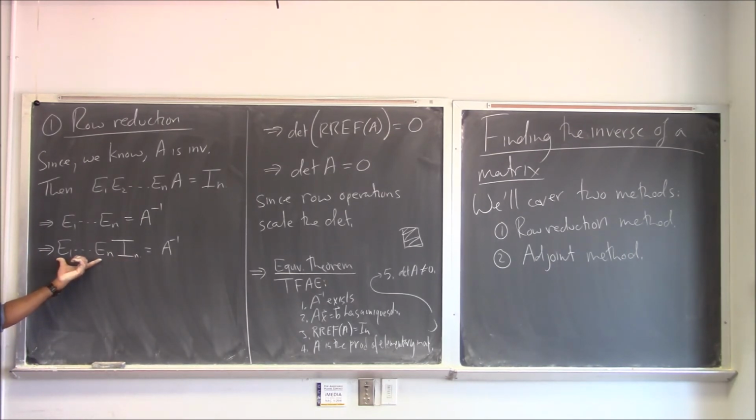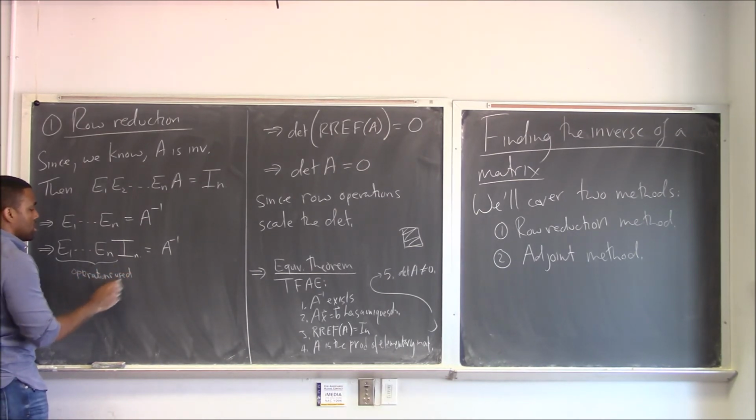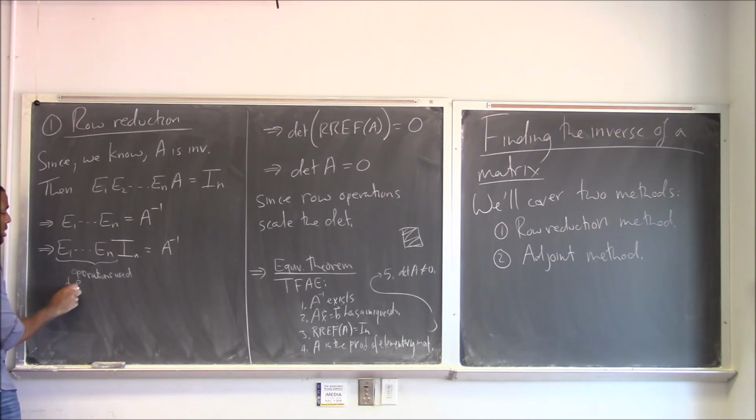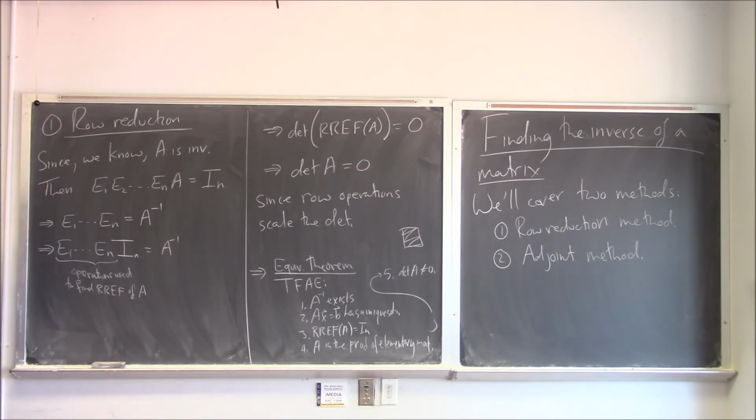So it turns out the inverse is going to be the identity times these guys. In other words, these guys are the operations used to find the RREF of A. Notice that if I do exactly the same operations on the identity, I get the inverse.